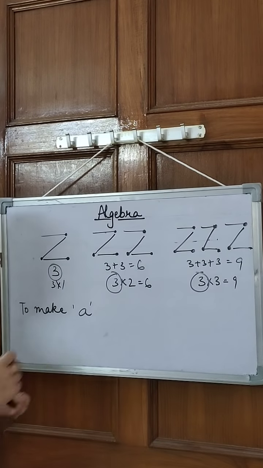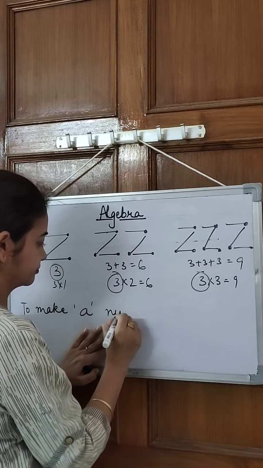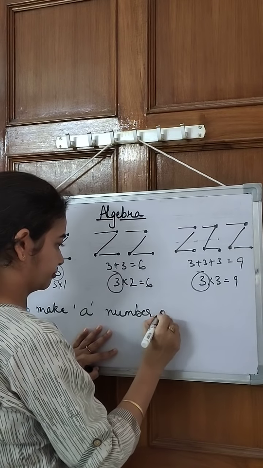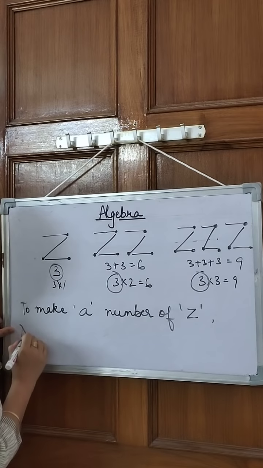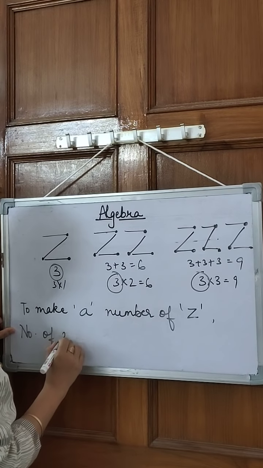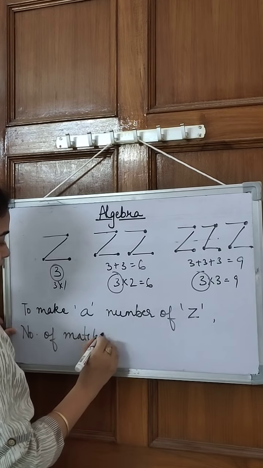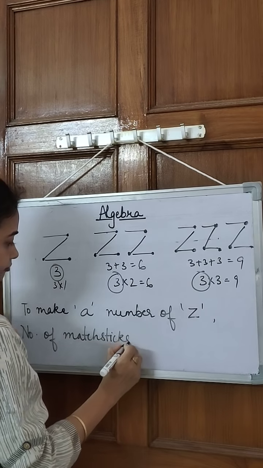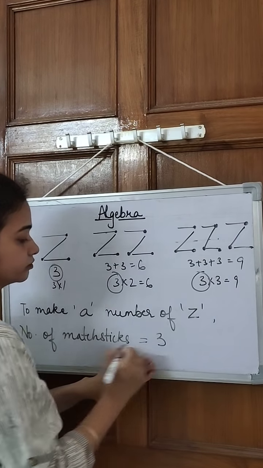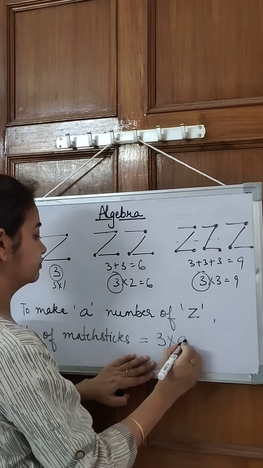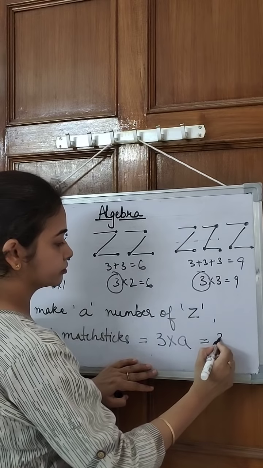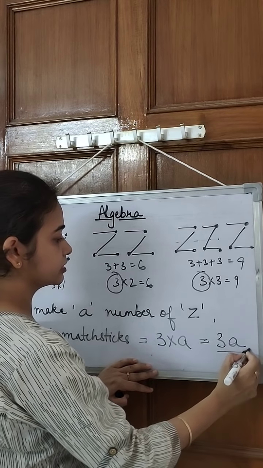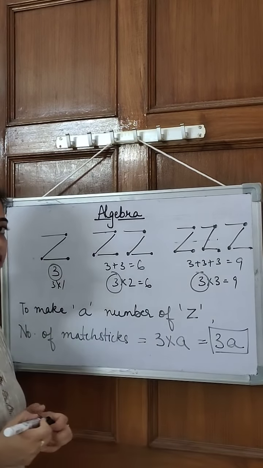So now to make a number of z's, the number of matchsticks required will be 3 for 1 multiplied by a, and this will be 3a. So the general pattern here is 3a.